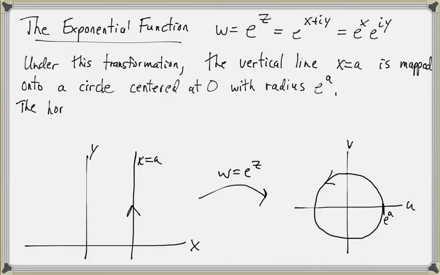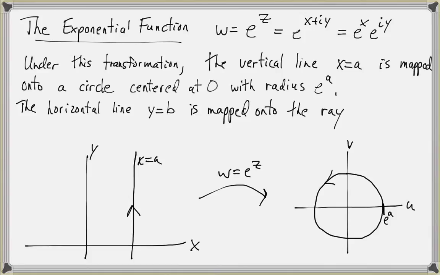So the horizontal line y equals b. So if the value y is constant, then the points on the image of this horizontal line would all have the constant argument, and therefore we see that the horizontal line y equals b is mapped onto a ray given by phi equals b.